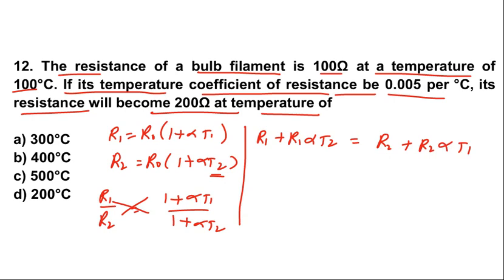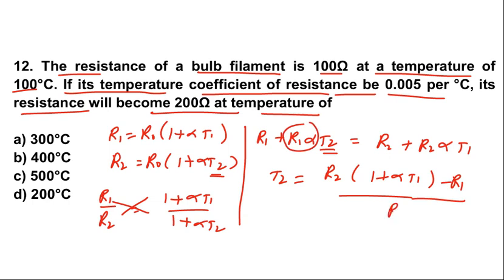You need T2 here, so T2 equals, in the previous step itself you can leave it for better simplification, R2 into 1 plus alpha T1 minus R1, divided by R1 into alpha. Substitute the values here.